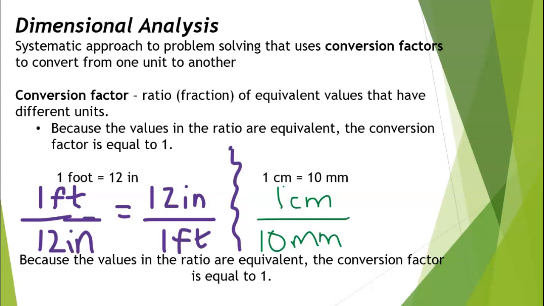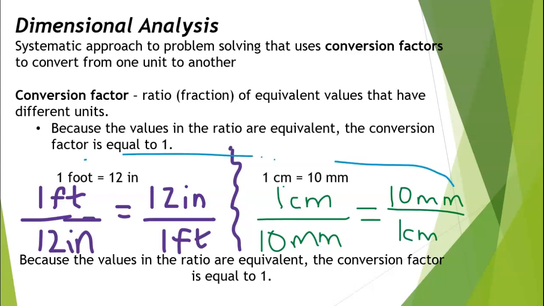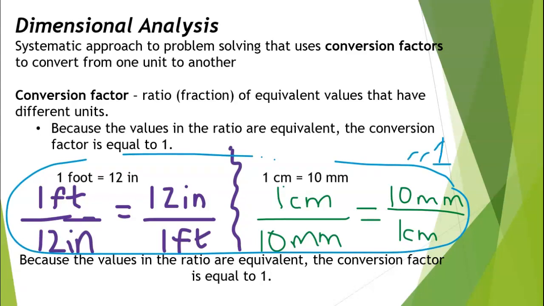Then we can also take the reciprocal, write it in reverse, and do 10 millimeters over 1 centimeter. All of these conversion factors are equal to 1, so we can multiply by any of them and wind up with the same answer.